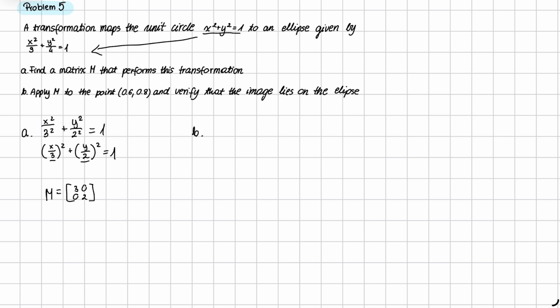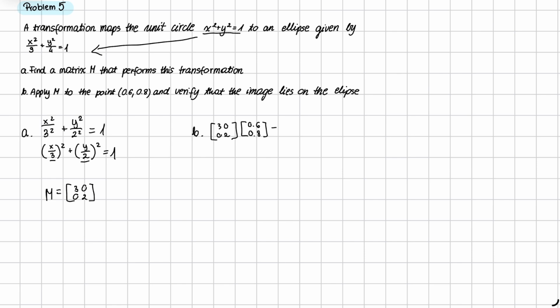And in B, we have to apply M to the point 0.6 and 0.8 and verify that the image lies on the ellipse. So firstly, we have to just multiply our transformation matrix, so 3, 0, 0, 2, with the point 0.6, 0.8.